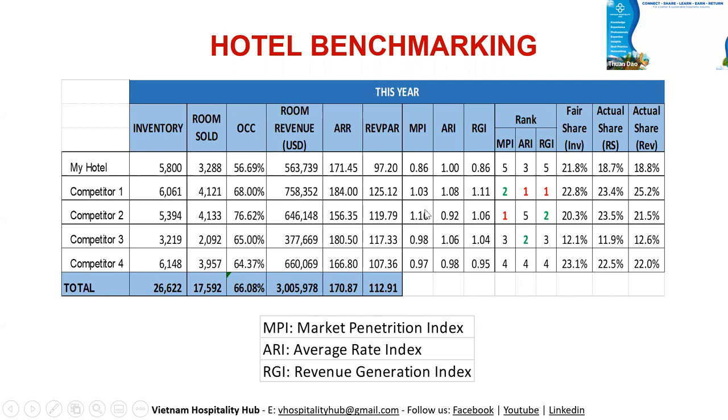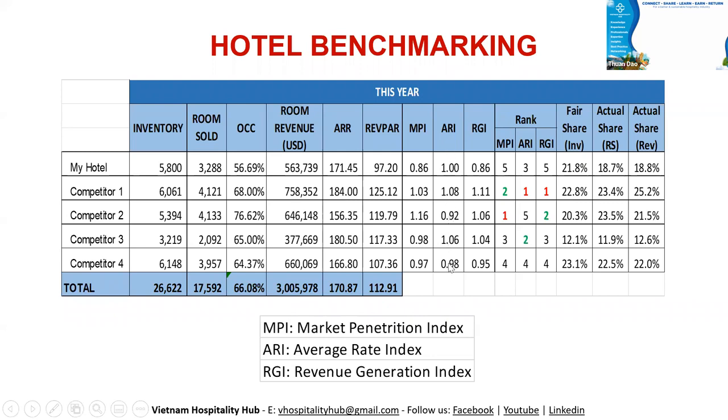And for this hotel, they are doing very great in occupancy, because they are above 1. And you see, in this way, they have 76%, while the CompSet is 66. So this is telling you how your performance in terms of occupancy compares with competitors, right?